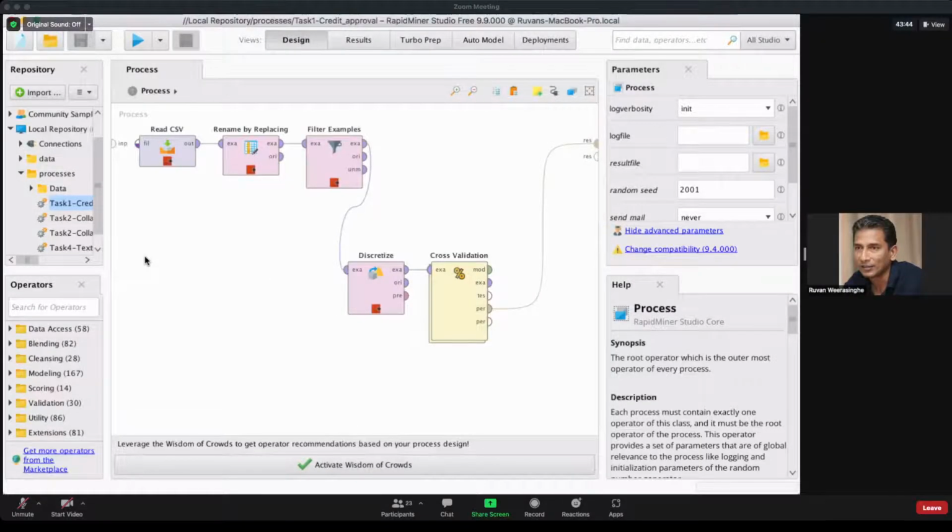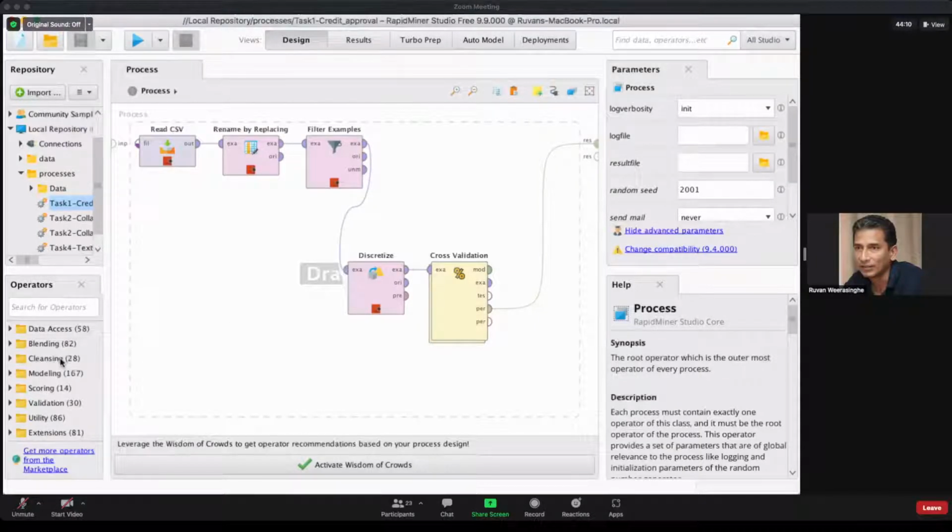A graphical interface, and here I read my CSV file. I do some renaming, replacing, so the pre-processing with some filtering, and then discretizing the data, and then doing cross-validation. So a very, very simple pipeline, a very rich interface.